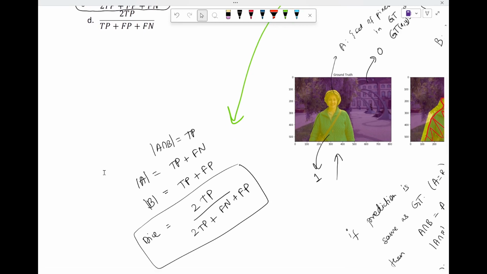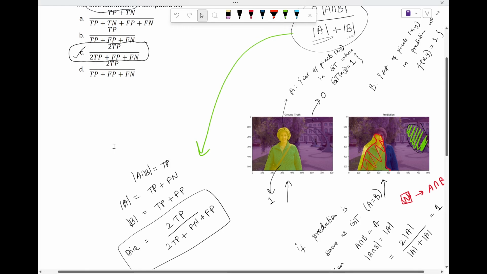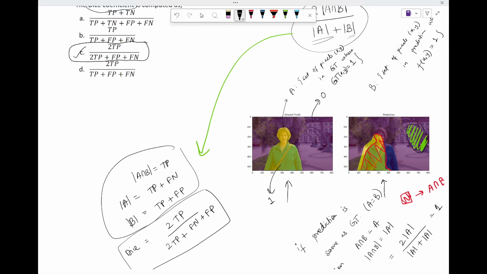Okay, was this part clear? Okay, I hope this part was clear, how we computed what is true positive, what is false negative, what is false positive.